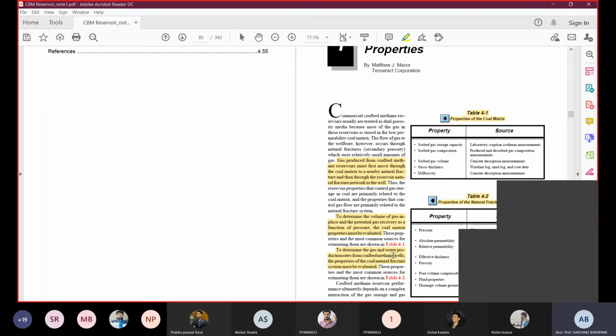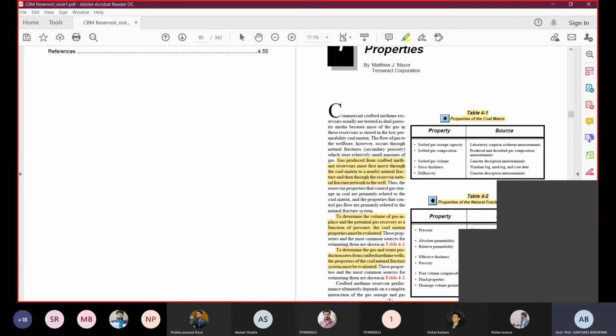The coal matrix already has a mesh or solid type of structure, surrounded by the facets and the butts. It may not be square, but it is obviously a rectangular pattern. So you have to see what the geometry is, whether rectangular or a rhombus type of geometry, and how far the area is going to progress.